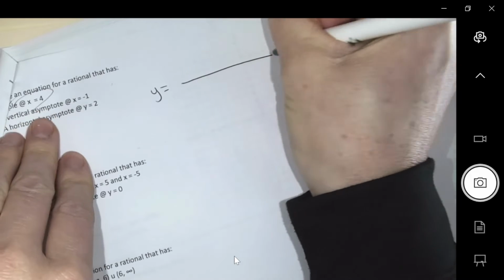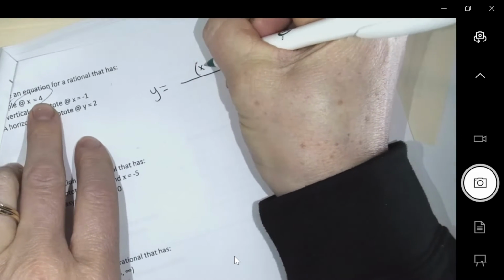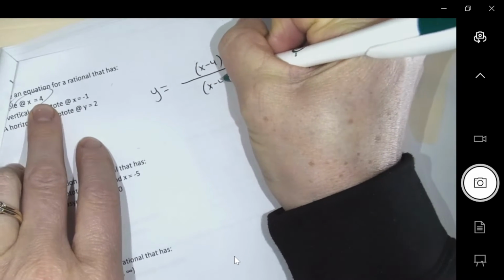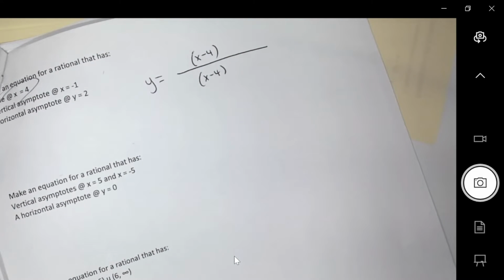It has to have factors that cancel. Okay, that's how I make the hole.